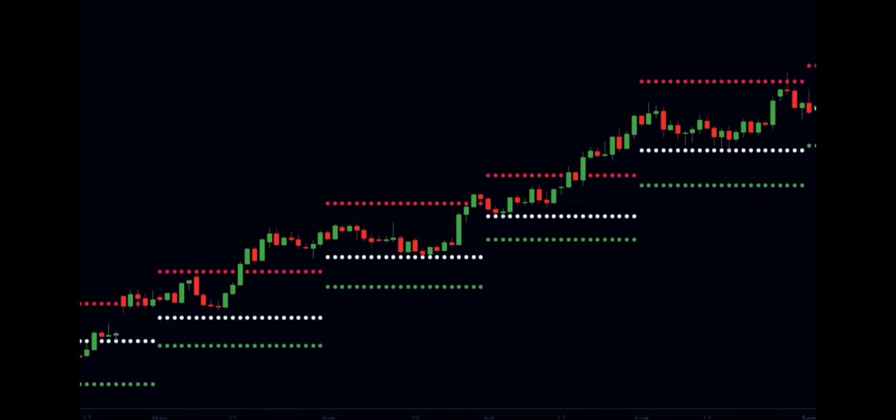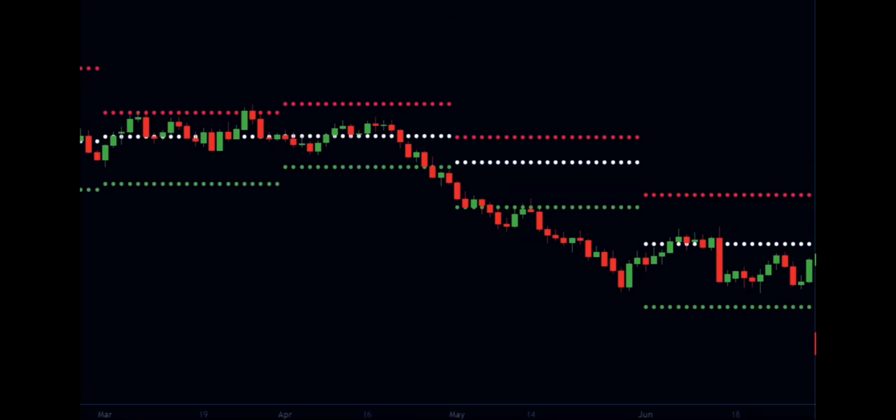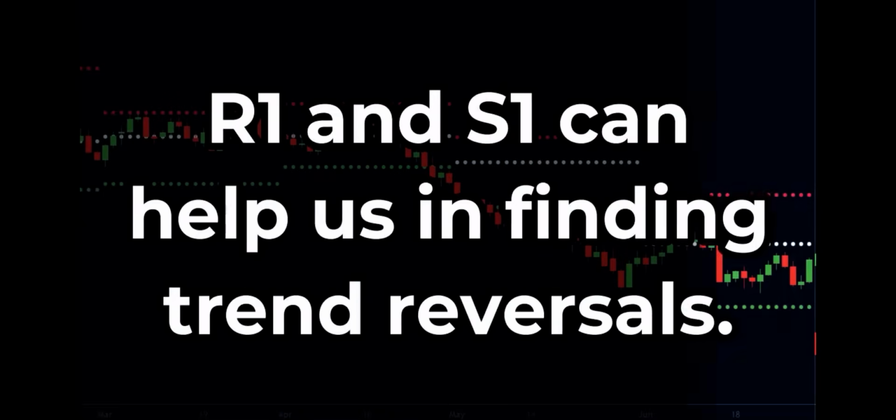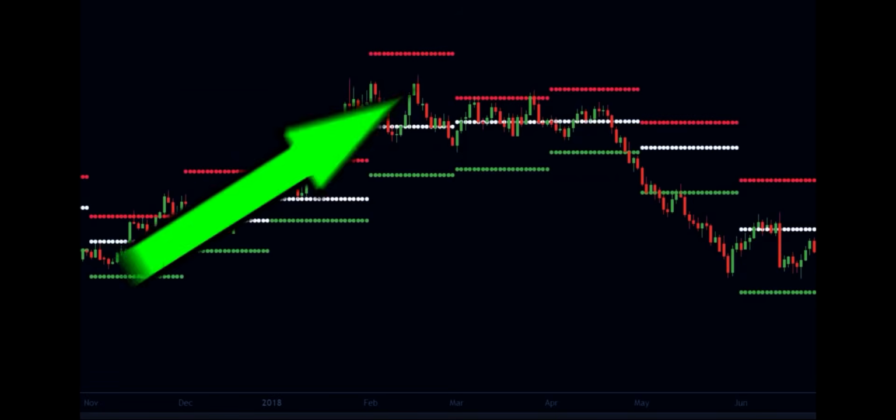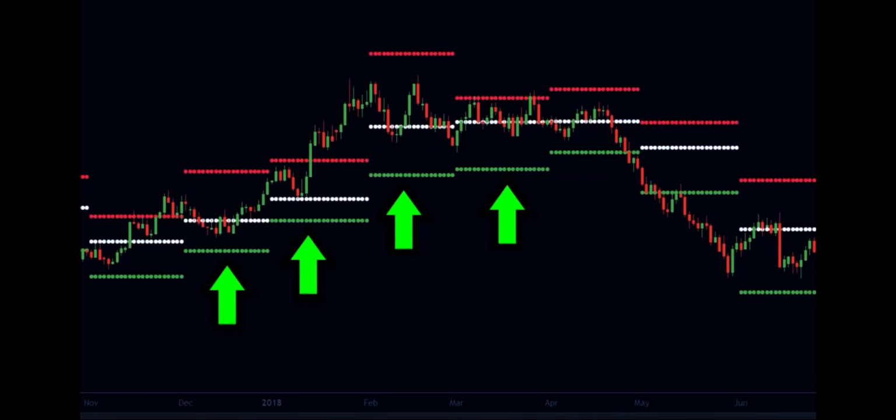In strong uptrends, the price will often break and stay above the R1 for extended periods of time. Similarly, in a strong downtrend, the price breaks and stays below the S1 for long periods of time. The S1 and R1 levels can help us in finding trend reversals as well. For instance, in an uptrend, the price will tend to stay above the S1 level.